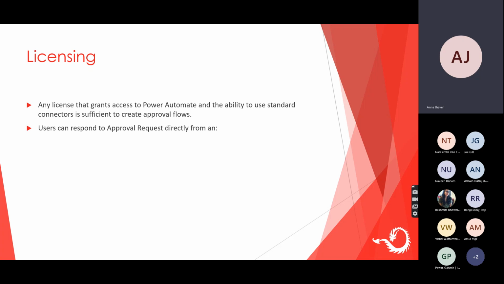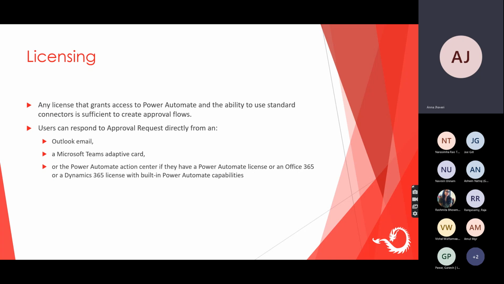And then user can respond to an approval request from Outlook email, Microsoft Teams Adaptive Card, or Power Automate Action Center if they have a Power Automate license, or Office 365 or Dynamics 365 license. So here, if user is using Outlook email to respond to the request, they need the license to use Outlook emails.